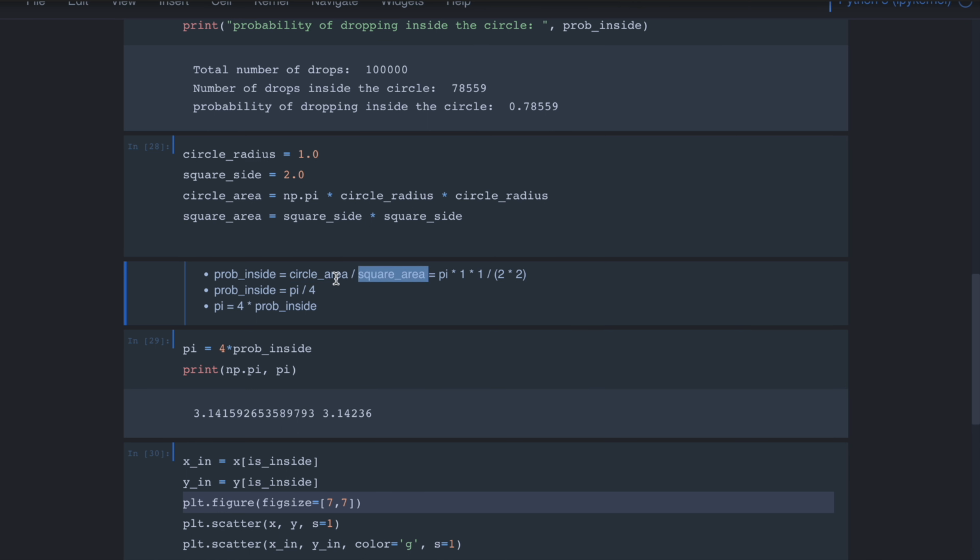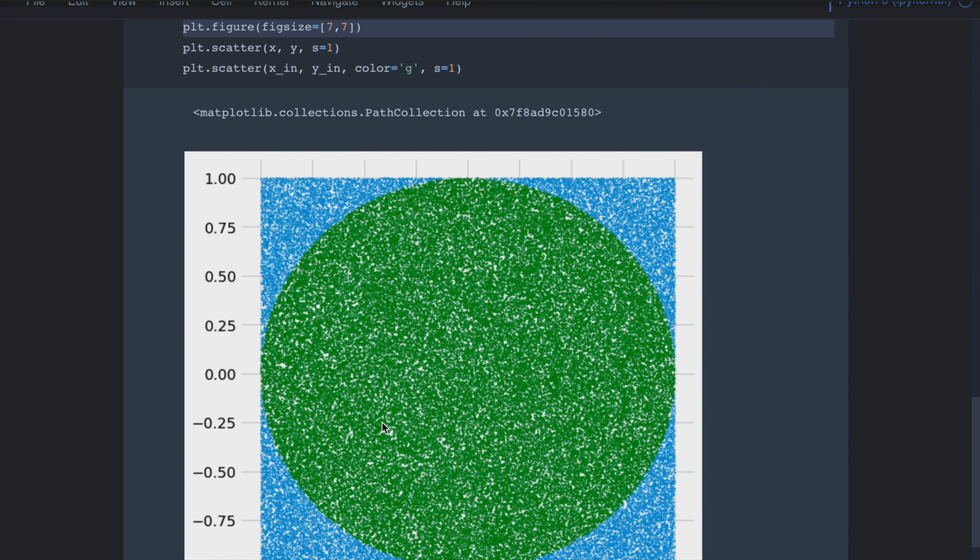So the bigger the area of the circle compared to the area of the square, the higher the probability. Of course, the circle area won't be greater than the square area because this is the maximum circle we can fit inside the square.